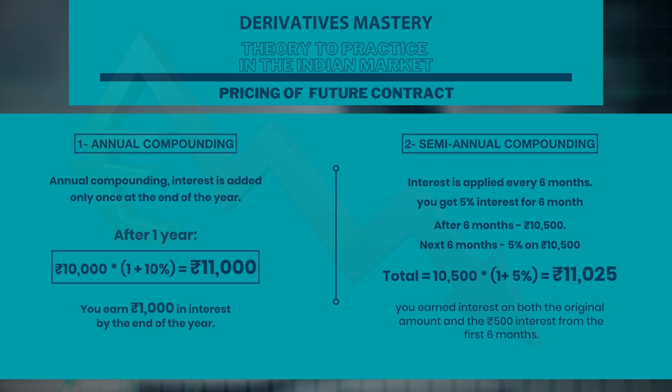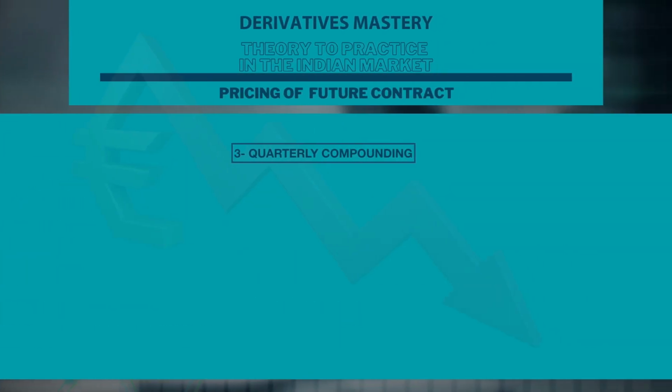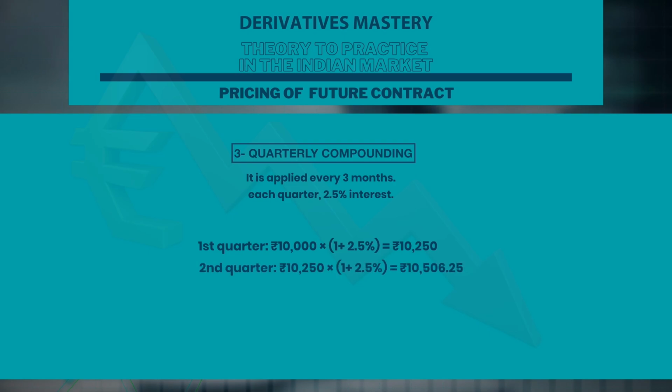So, in case of quarterly compounding, interest is applied every 3 months. So, each quarter you earn 2.5% interest. So let's do the math. In the first quarter, 10,000 into 1 plus 2.5% gives us 10,250. And in the second quarter, 10,250 into 1 plus 2.5% gives us 10,506.25.